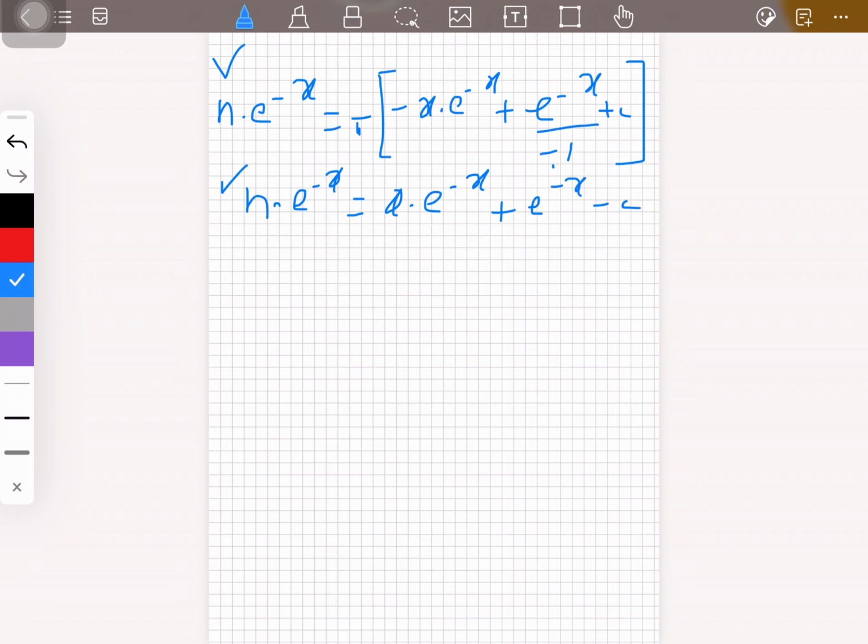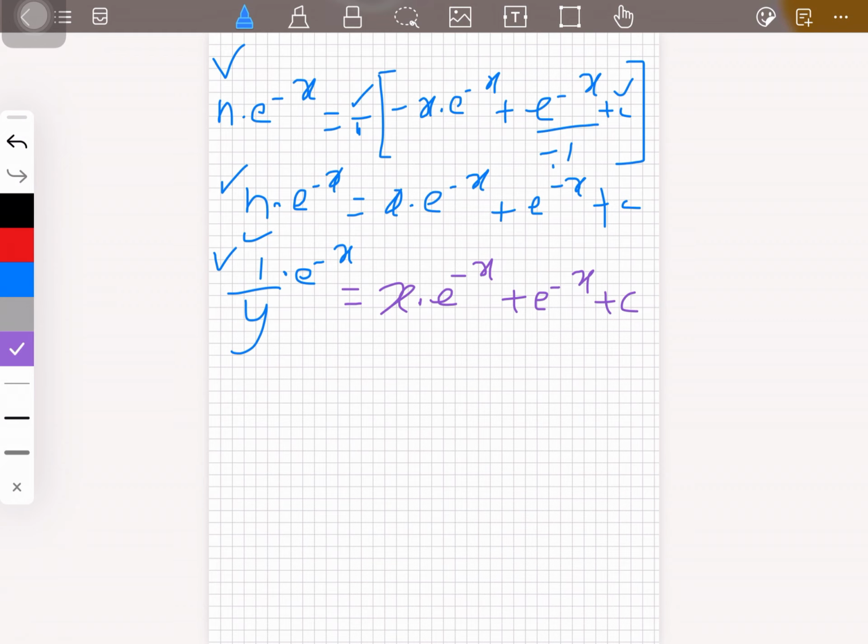Since c is just a number, you don't have to multiply this minus with c. So for our convenience, let's write it as plus c, and then 1 over y times e to the power minus x. I just replaced the value of n with 1 over y, that's the original value, is equal to. Let's write this once again so that there is no confusion.